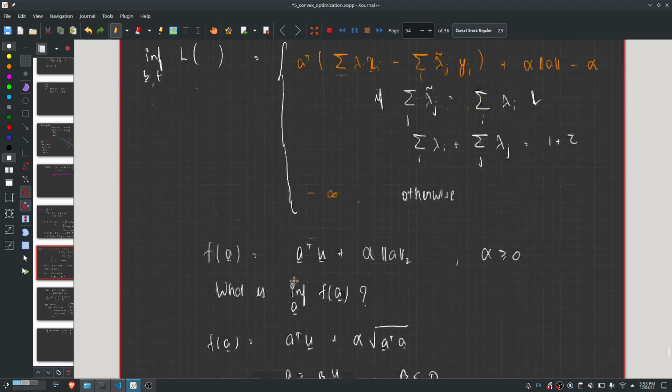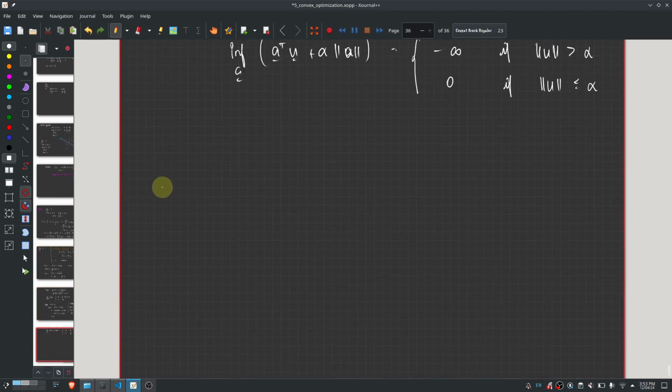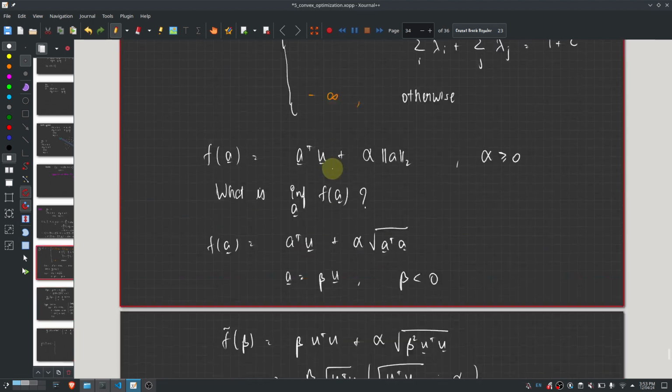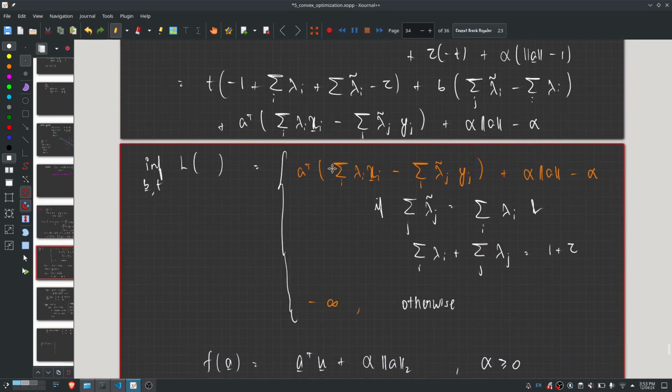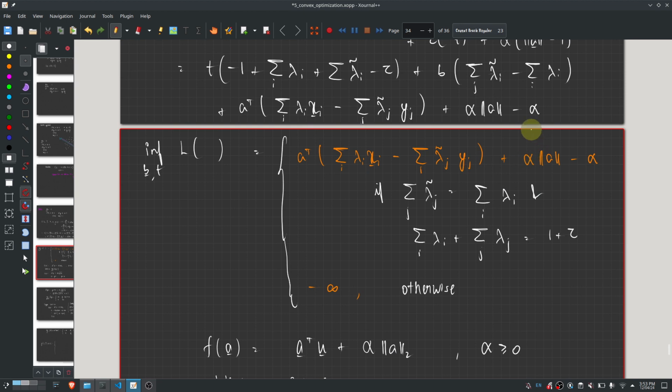So the Lagrange dual function g of lambda, lambda tilde, alpha, and tau turns out to be equal to minus alpha if the norm of this particular quantity is less than or equal to alpha.